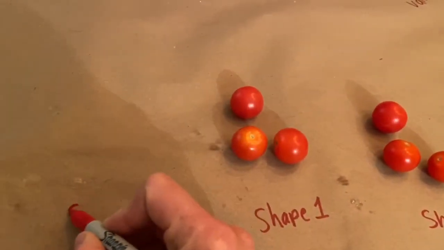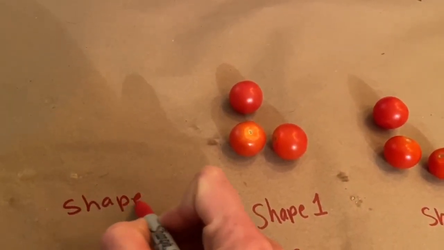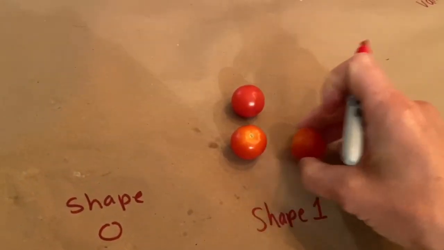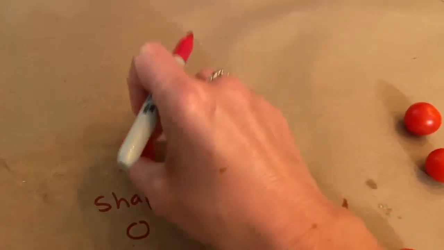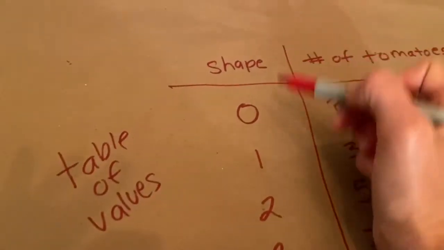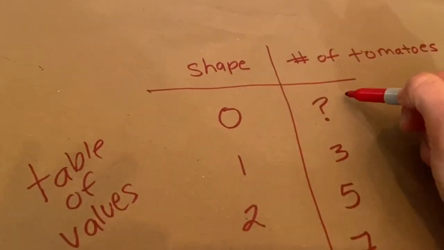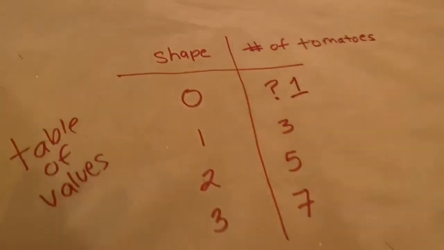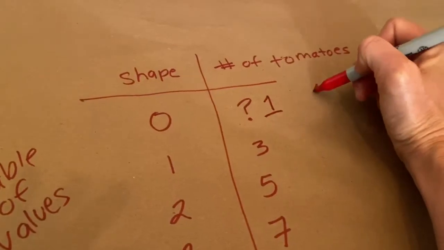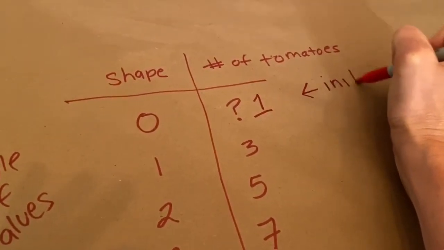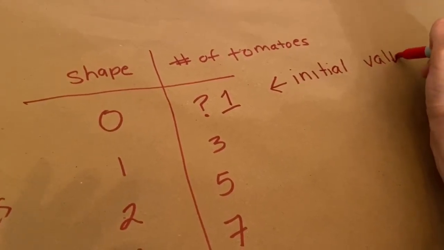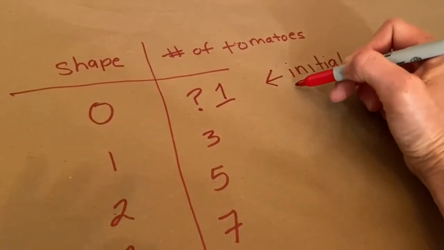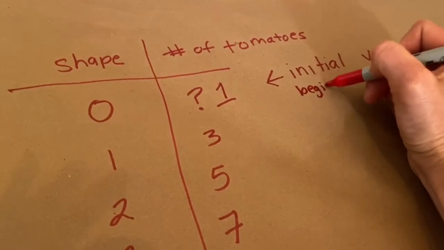If I want to go to shape 0, I need to take away 2 tomatoes, and then I'd only have 1 tomato. So how many tomatoes would there be in shape 0? There would be just 1. This is what we call the initial value. In English, initial means the beginning.